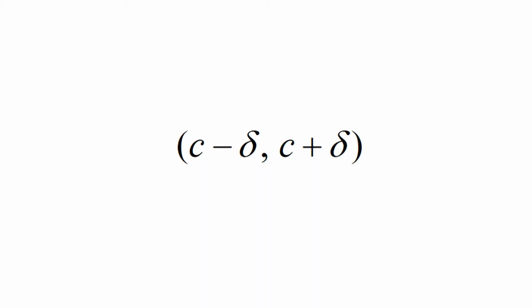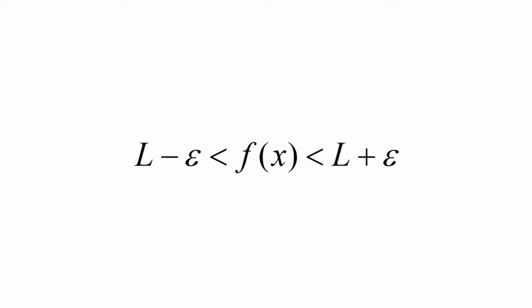Observe that in the figure, the open interval x naught x 1 extends further on the right side of C than on the left side. However, for many purposes, it is preferable to have an interval that extends the same distance on both sides of C. For this purpose, let us choose any positive number delta that is smaller than both x 1 minus C and C minus x naught, and consider the open interval C minus delta, C plus delta.